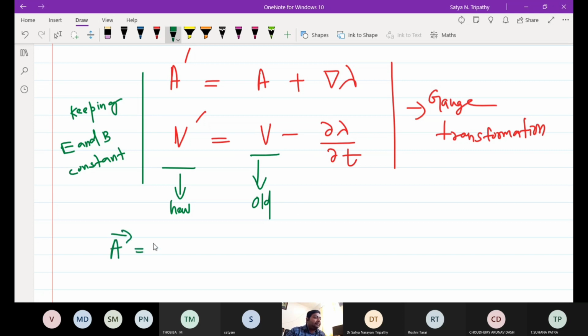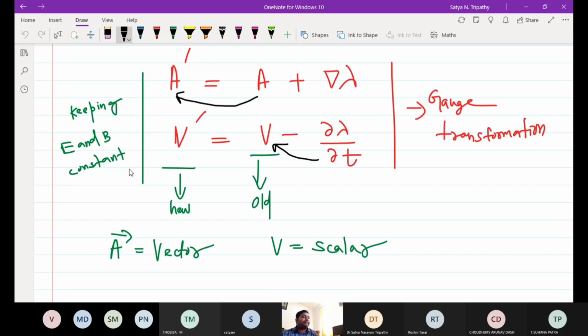A is the vector potential and V is the scalar potential. Whenever I go from A to A dash, I add a scalar function, suppose lambda, to that vector, but the condition is that I have to subtract d lambda by dt from the same potential. Then only it will give me the new scalar potential, and it will keep E and B constant. Is it clear?